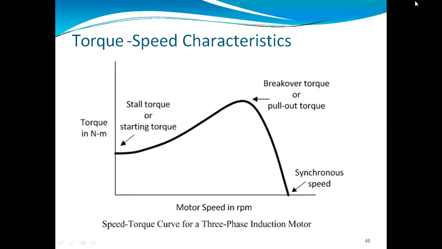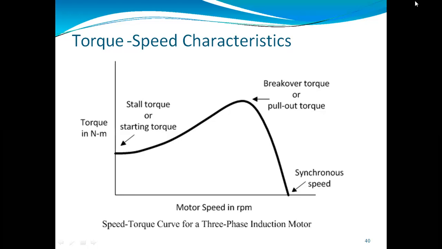S equal to Ns by Ns. It means you will get the value of S equal to 1. And if the rotor speed increases toward the synchronous speed, the slip value will be 0.